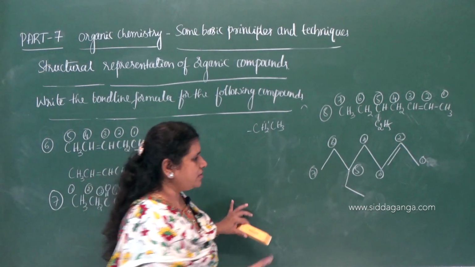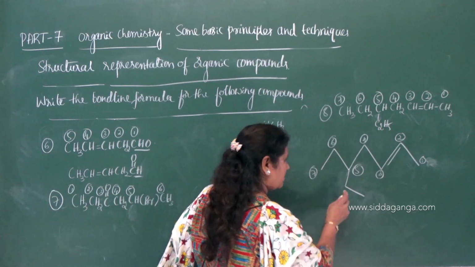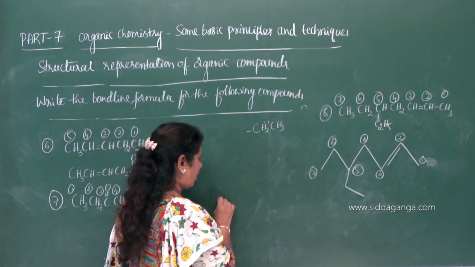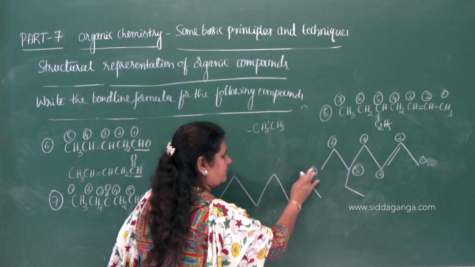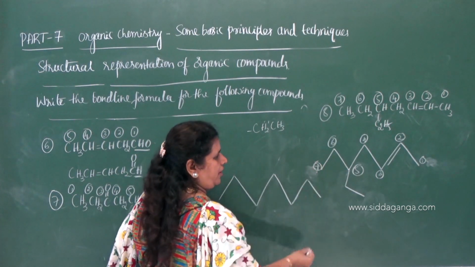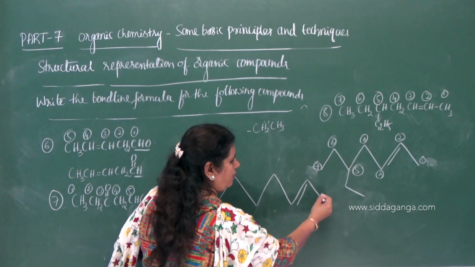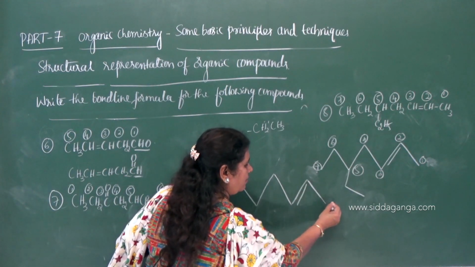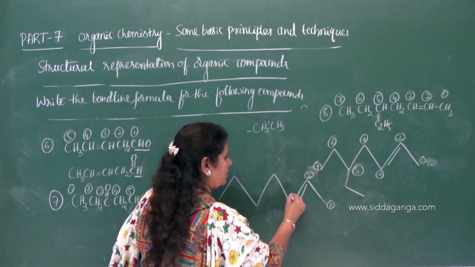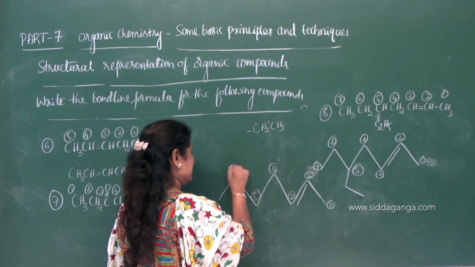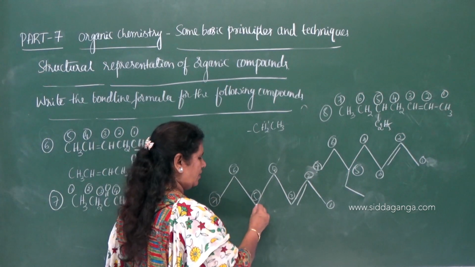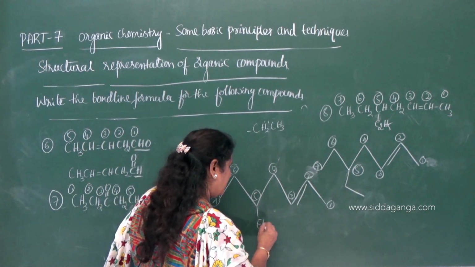Okay, or else you can also write like this formula: 1, 2, 3, 4, 5, 6, 7. So here we have the double bond, first carbon, second, third, fourth, fifth, sixth and seventh. You can also write Et.